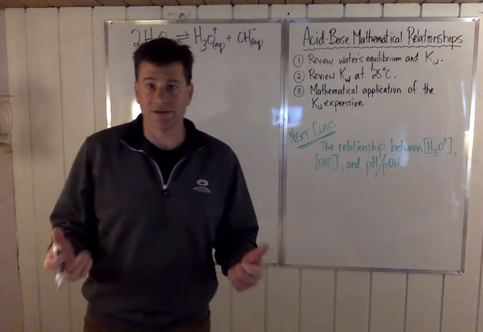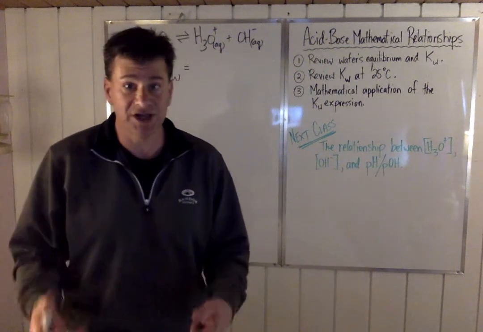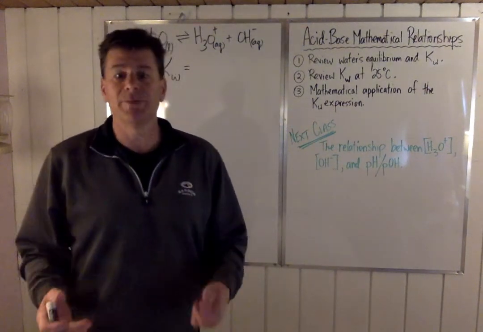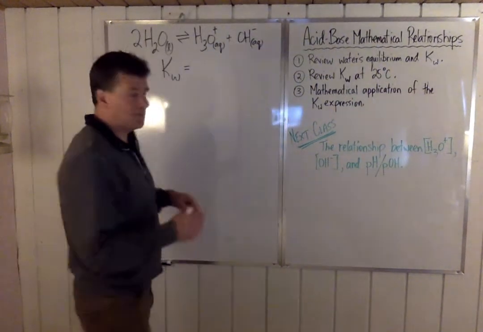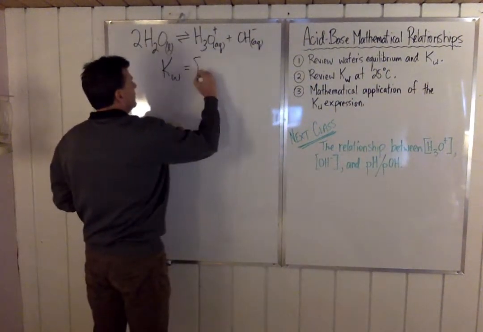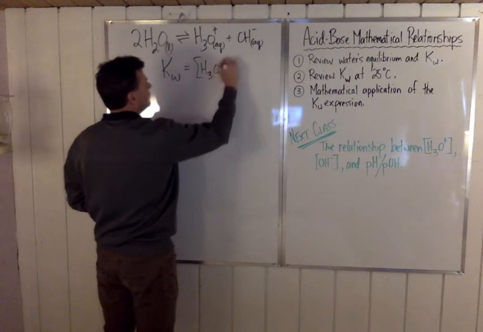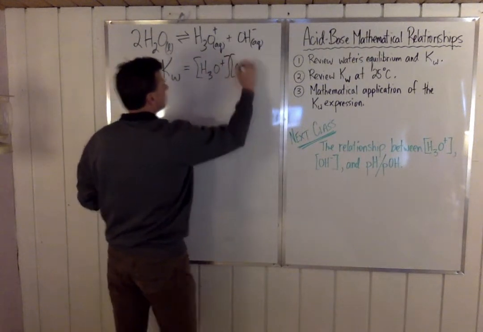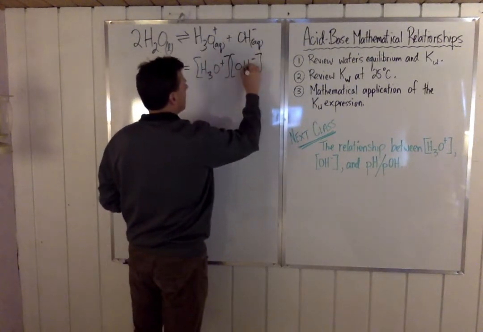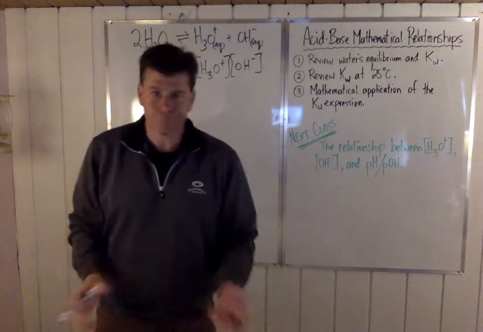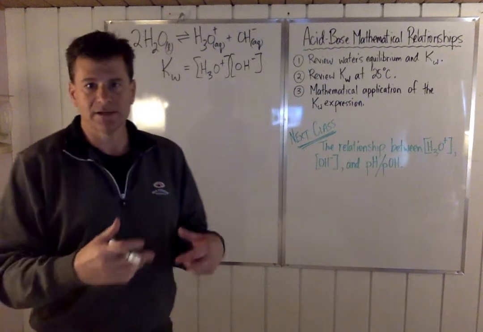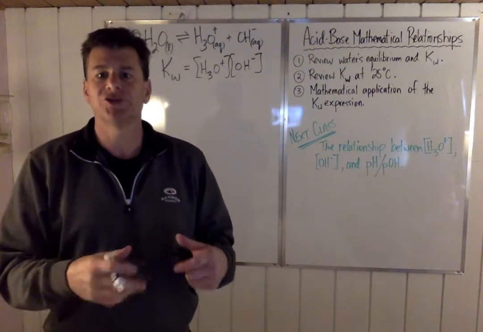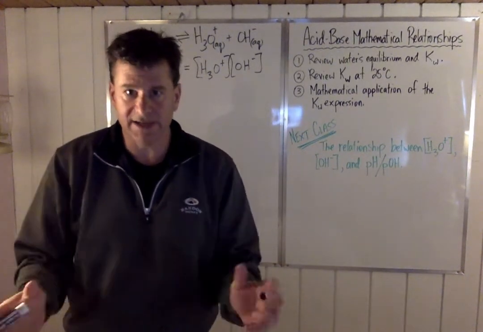Well, the reactants are in liquid form, so their concentrations are unchanging, so they're just 1, which means all we really have in the K expression is the products. So we have the concentration of hydronium times the concentration of hydroxide. Great. As I said last class, that mathematical expression is true for water at any temperature.